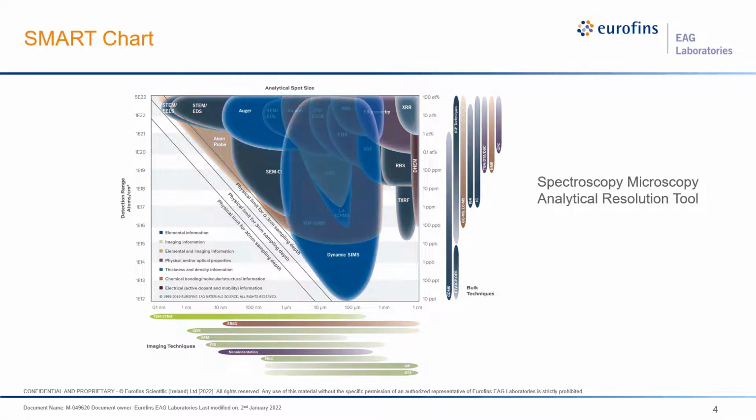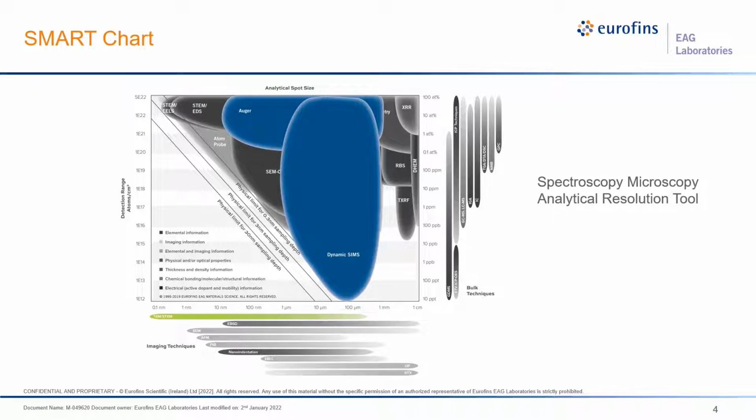Dynamic SIMS occupies the center of that chart. We're going to be looking at a lot of dynamic SIMS analyses, and as you can see, of all the techniques we have, it has the lowest detection limit capability and a very high dynamic range.